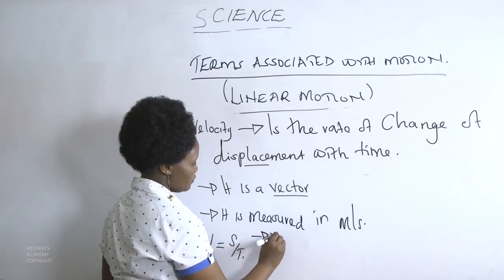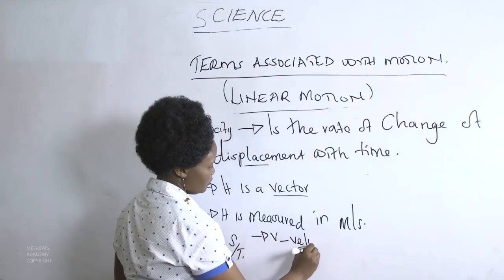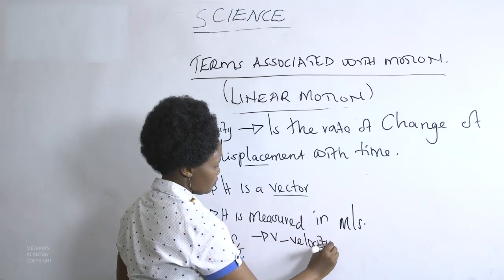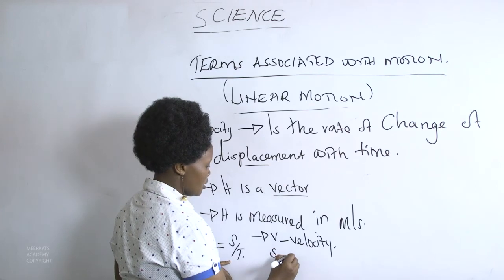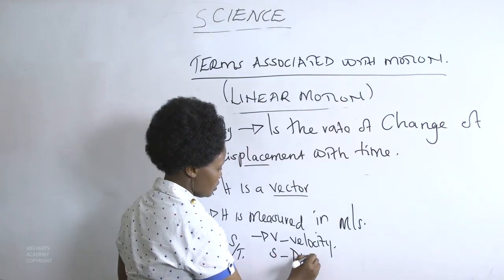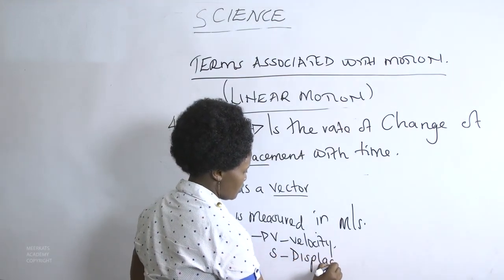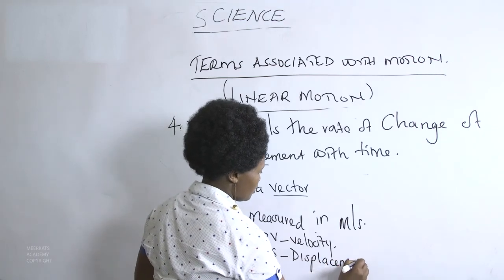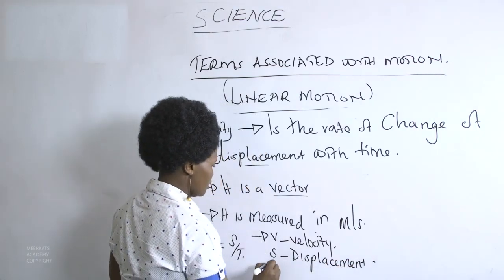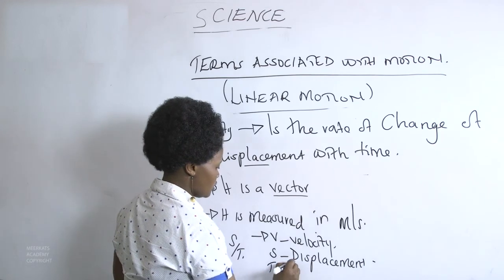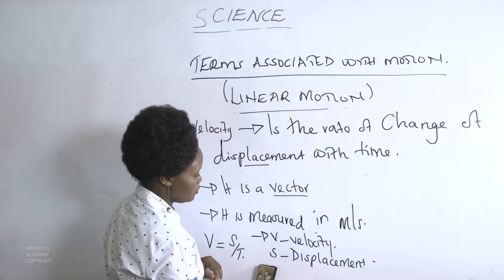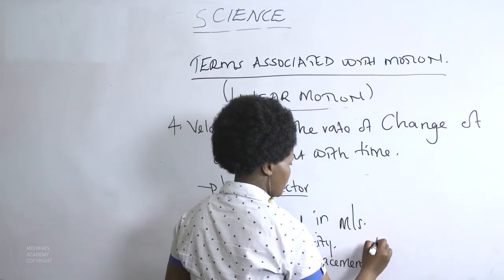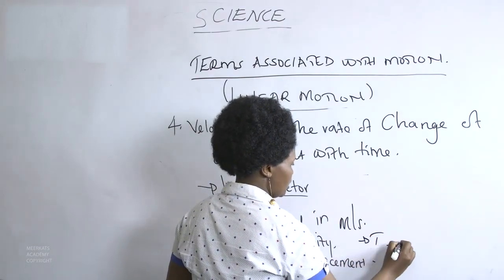Don't forget that V stands for velocity, S is our displacement, and T is time.